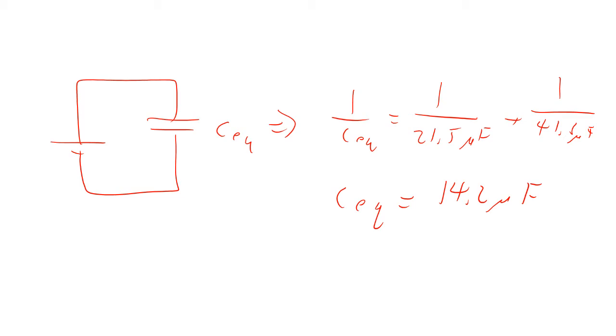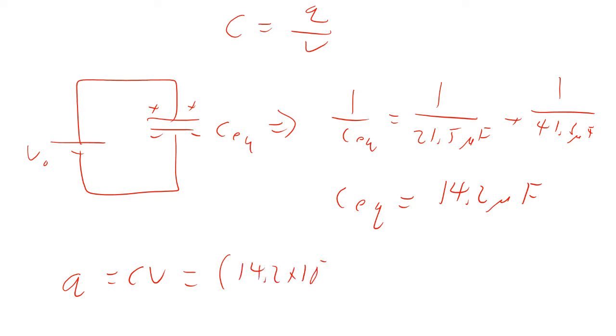Now, if this is my configuration right here, then there's going to be a charge on there. And so we know that C equals Q over V, so the charge is going to be C times V. So that would be 14.2 times 10 to the minus 6 farads times 12 volts.